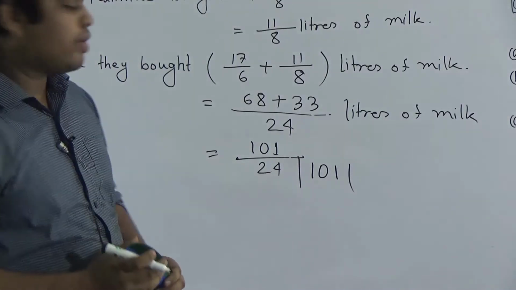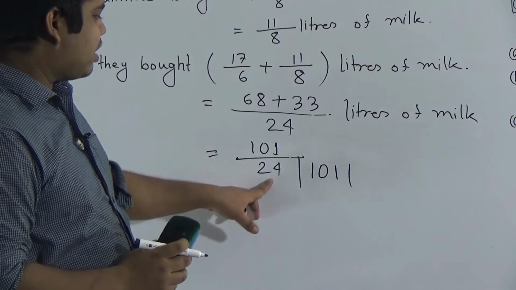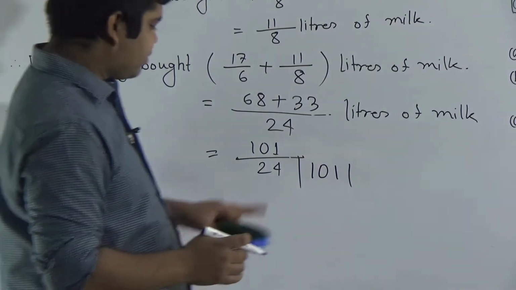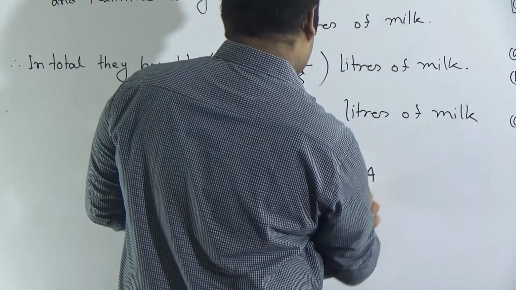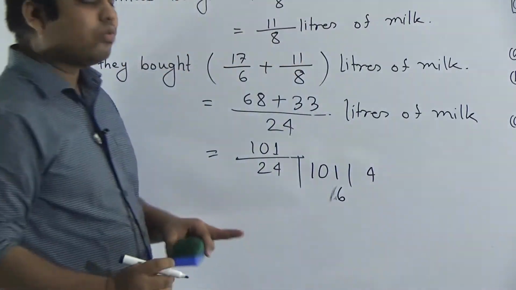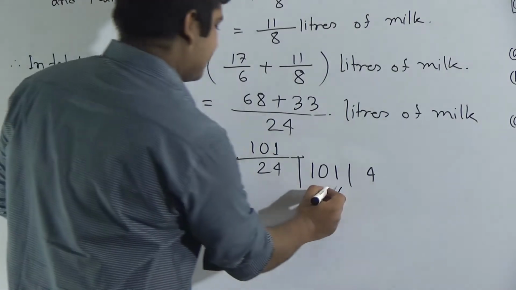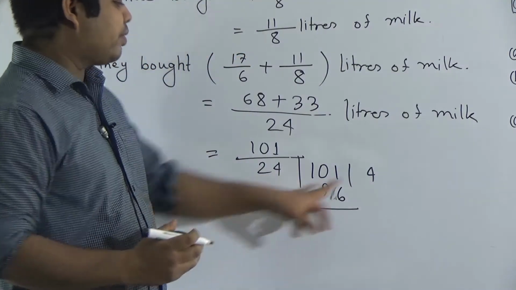For this reason we consider 3 digits, that means 101. In 101, how many times does 24 go? Let us consider 4. 4 fours are 16, carrying 1. 4 twos are 8 and 1 is 9, so 96. Yes, in 101, 24 goes 4 times.